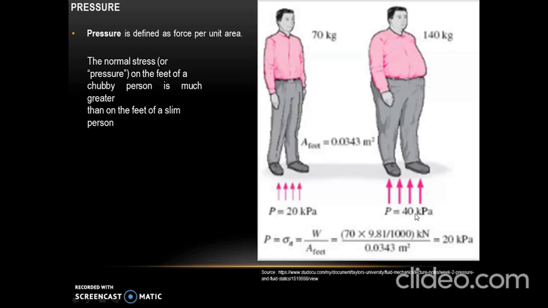So when we compare both these values, we can conclude that the normal stress, which can also be called as pressure on the feet of a fat person, is much higher than that on the feet of a thin person.